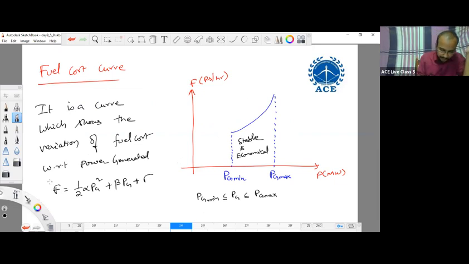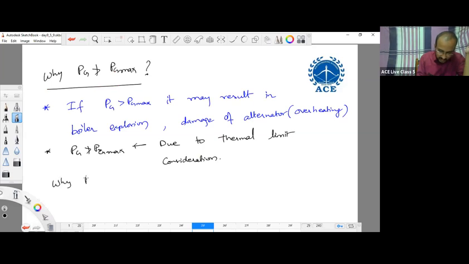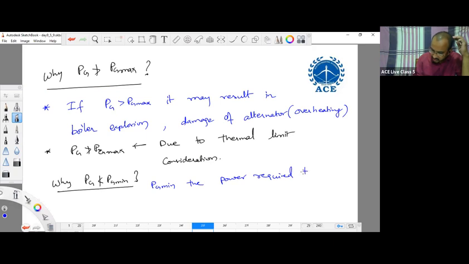Why should Pg not be less than Pg minimum? What is the reason? Pg minimum is the power required to overcome the losses.